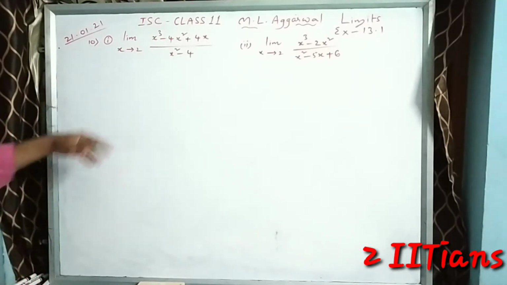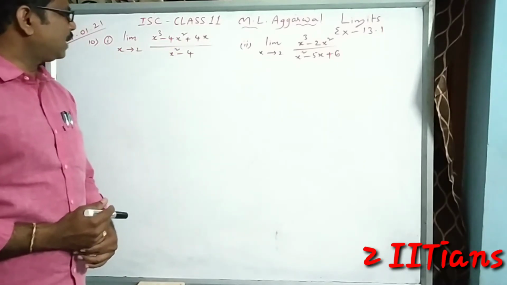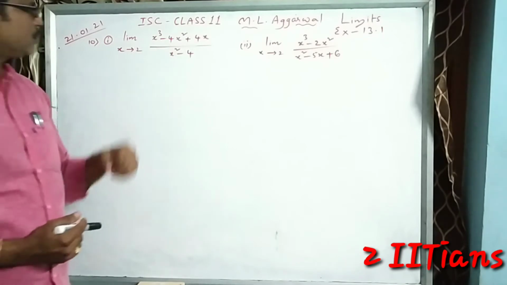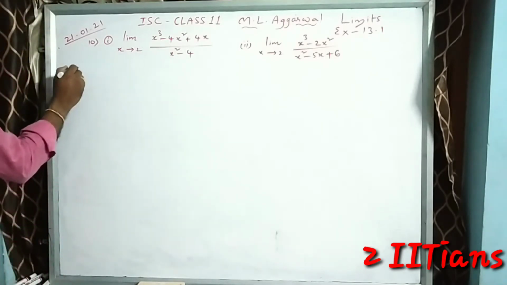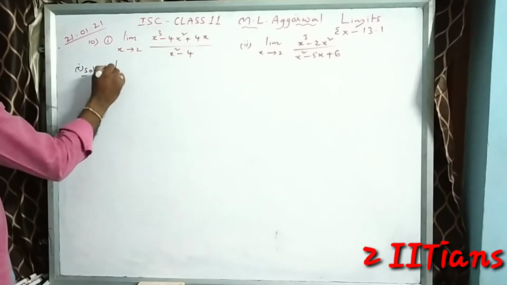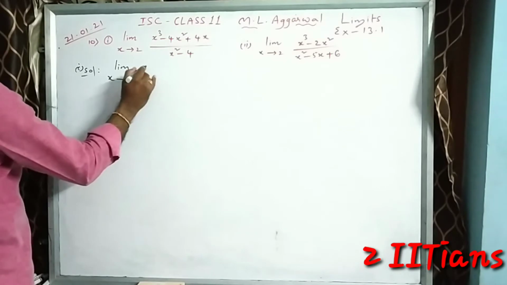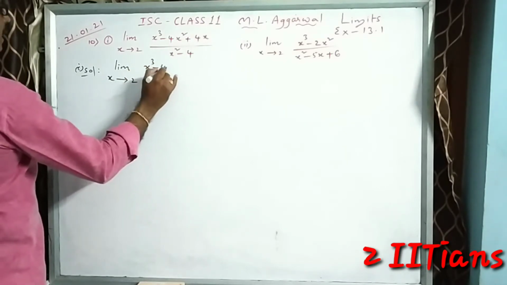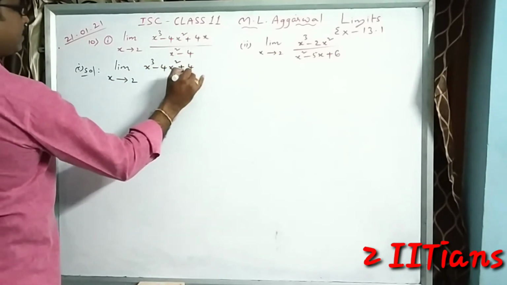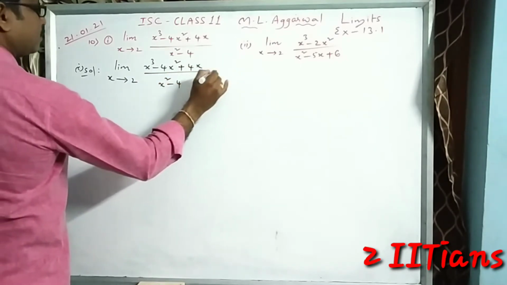Limit of x cube minus 4x square plus 4x upon x square minus 4. Look at this solution. Limit of x tends to 2, x cube minus 4x square plus 4x upon x square minus 4 equal to.